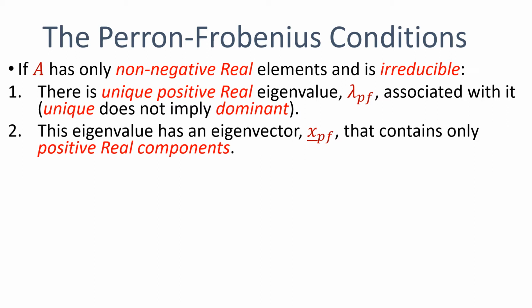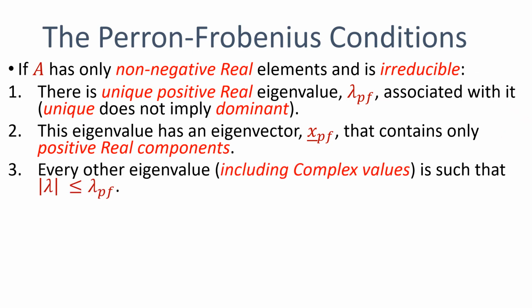Now this unique positive real eigenvalue has with it an associated eigenvector that contains only positive real elements. So the non-negative real elements in the matrix and irreducibility of the matrix guarantee this condition and this condition.